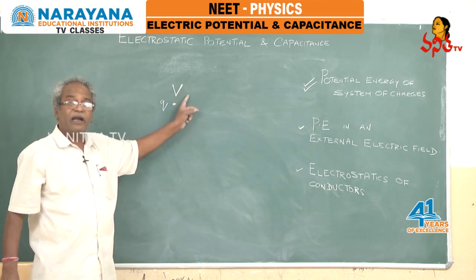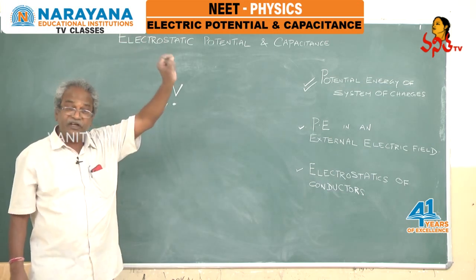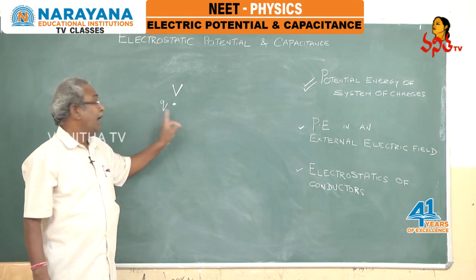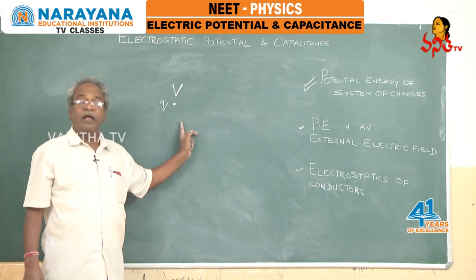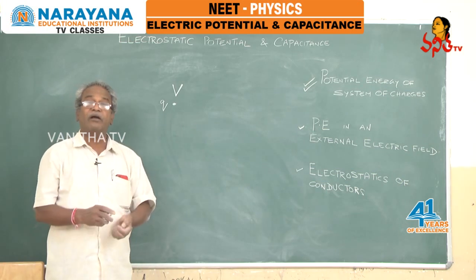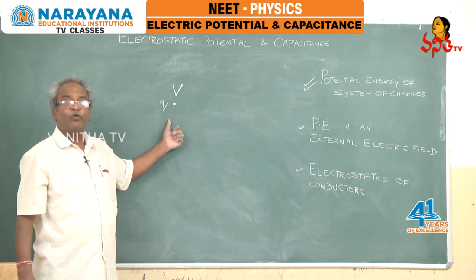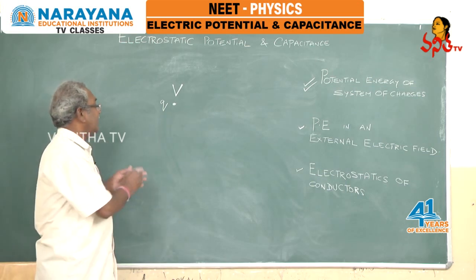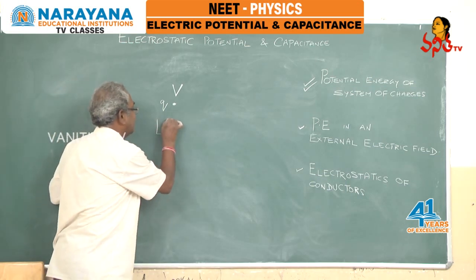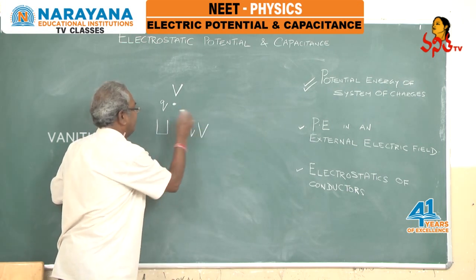Therefore, if V is the electric potential, bringing a unit positive charge from infinity to this point takes work V, and charge Q is available, meaning somebody brought it. So, the work that the other agent has done to bring this charge Q from infinity and place it here is nothing but the potential energy, U equal to QV.